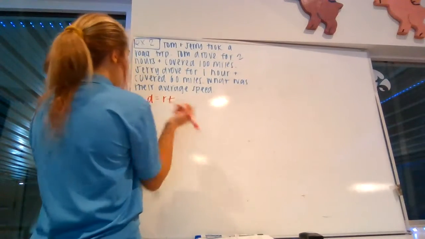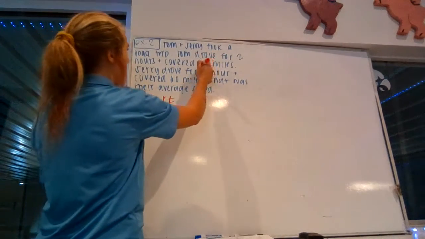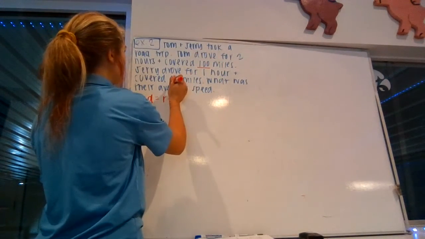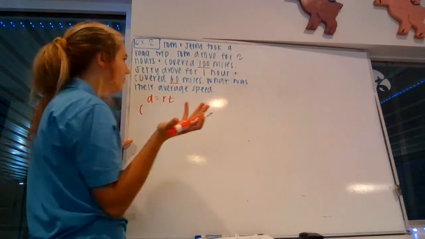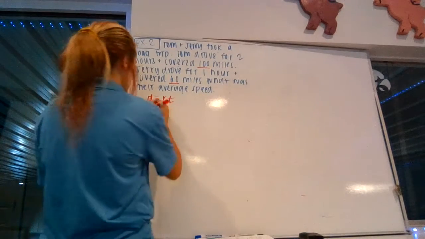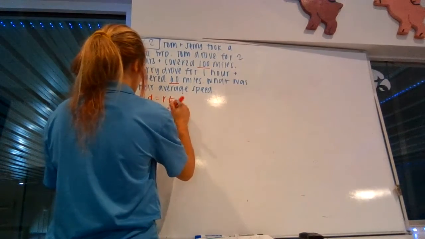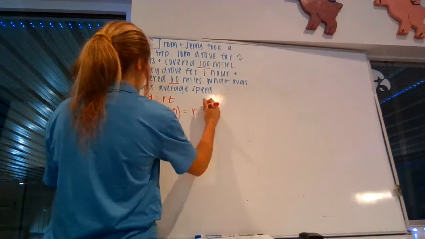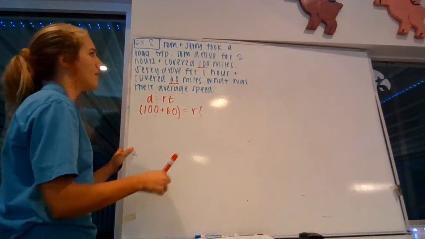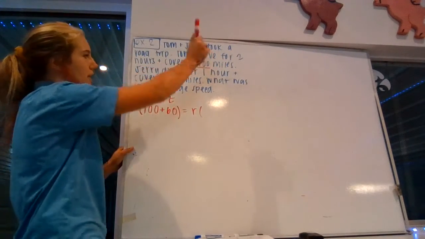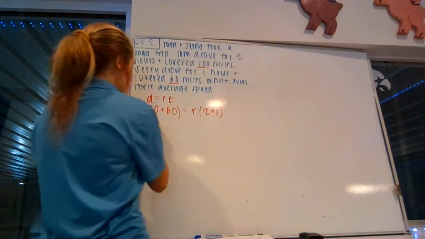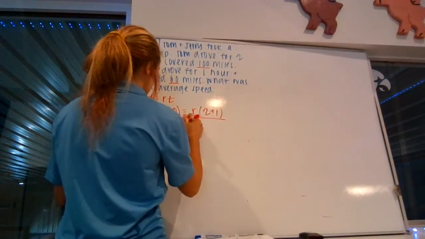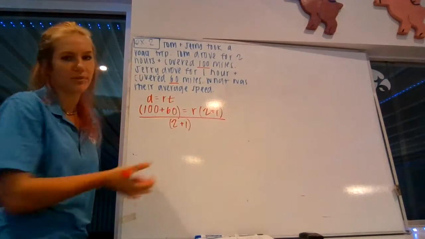So it tells us that Jerry covered 100 miles, Tom, or other way around, doesn't matter. Basically, they covered 160 miles. So 100 plus 60 for our distance is equal to r, which we don't know, times the time. And then they drove for 2 hours and also 1 hour. I'm going to write that as well. So then obviously you could simplify this down.